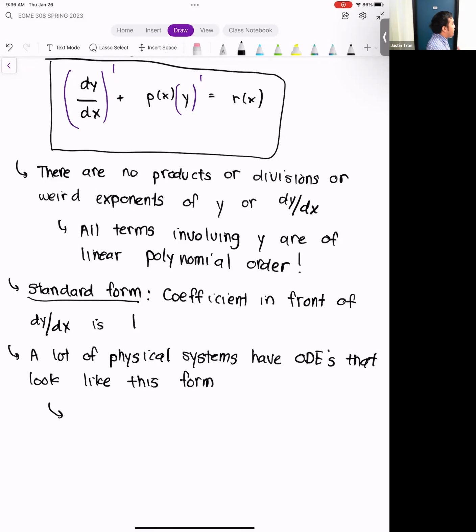Right, and so these names refer to the fact that this differential equation is not just a math equation. It refers to something.